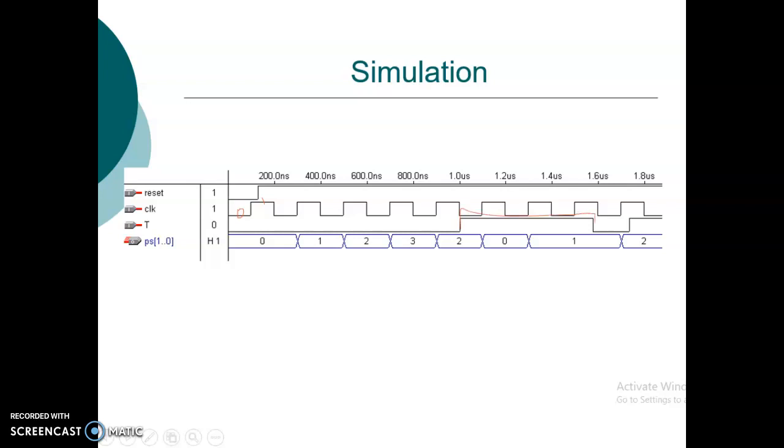After that from 1.6 to 1.870, 0. Present state here up to 0, 300 nanosecond, and then one output up to 500 nanosecond, then getting two output up to 700 nanosecond, three output getting up to 900 nanosecond.